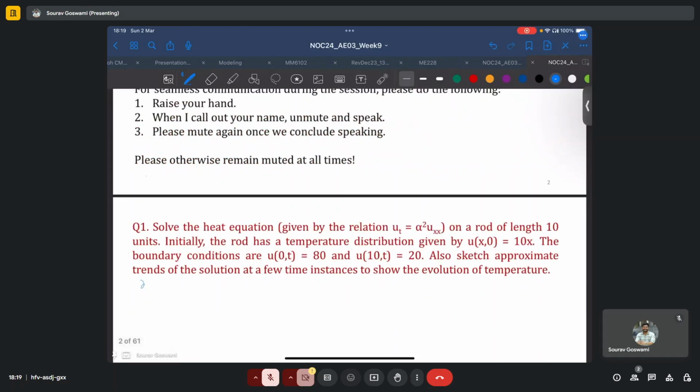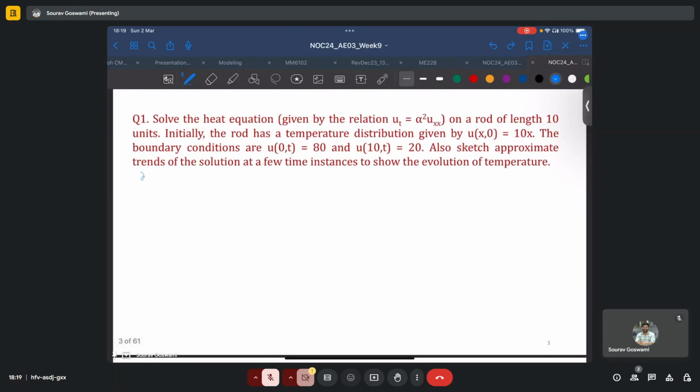So as given to us, dou u dou t is equal to alpha square dou two u dou x two, with the boundary condition u at 0 comma t is equal to 80 and u at 10 comma t is equal to 20 for all times greater than 0, and for t equal to 0, that is the initial condition, u at x comma 0 is equal to 10x over the entire length.